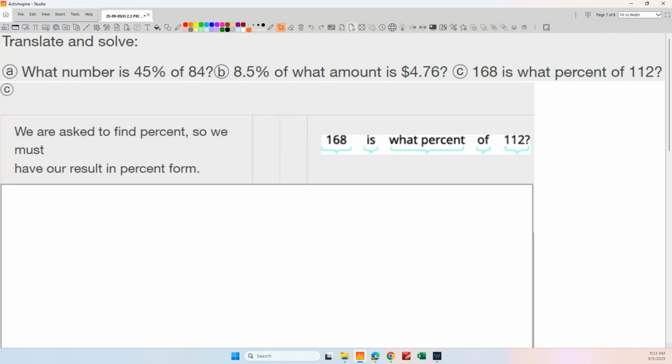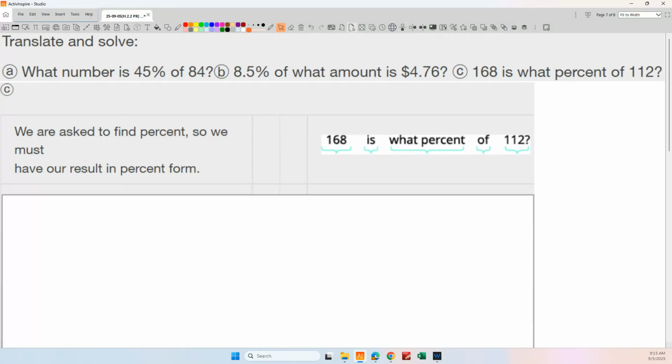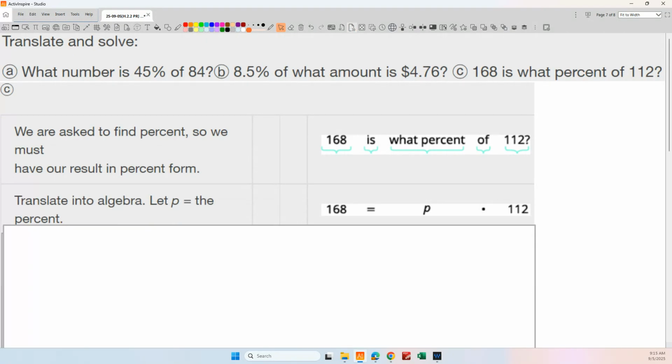Okay. So how could I set this up? 168 is, so what's that? Equals, 168 equals what percent? Well, we'd probably call it x, but they're calling it p times 112. Make sense? When we say a percentage of, we're just multiplying a decimal times something, which again, you told me a while ago.